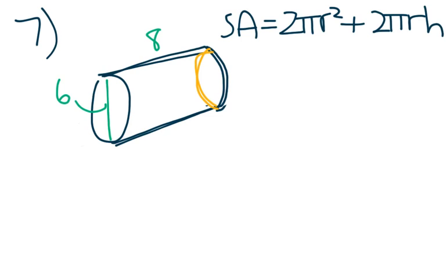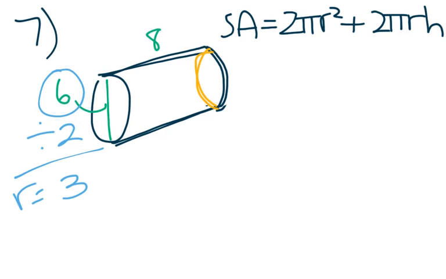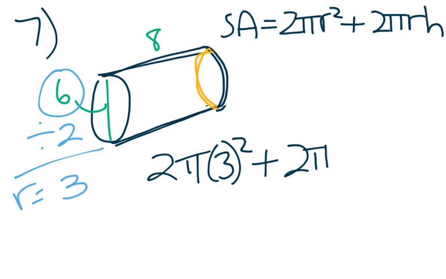First of all, we know the diameter is 6, and in order to find the radius, we divide that by 2. So the radius is 3, and we substitute that for r. So we have 2 pi times 3 squared plus 2 pi times 3 times the height, which is 8.